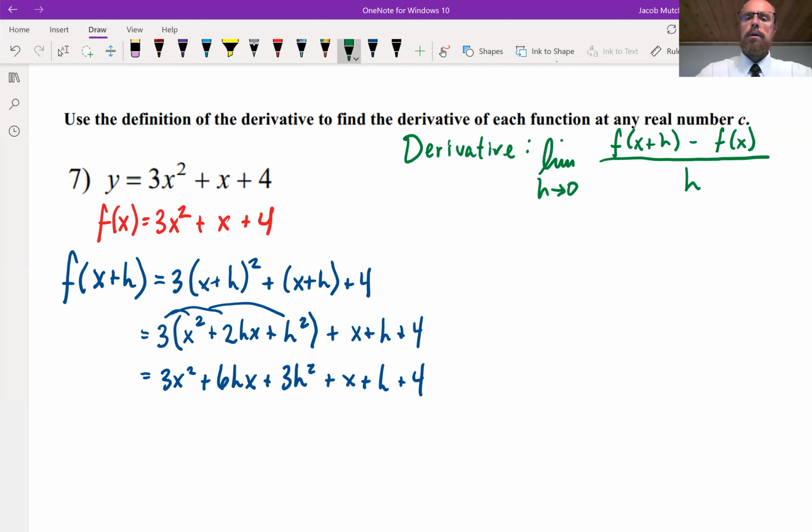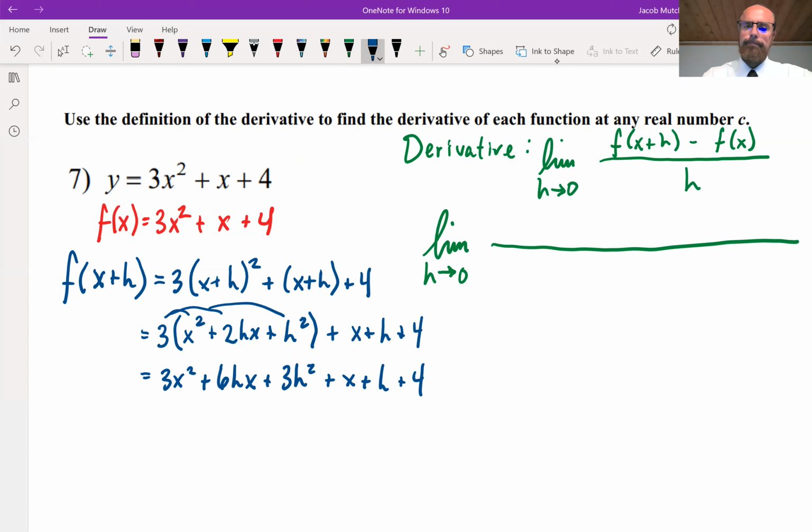Let's do so. The limit as h approaches 0 of this blue polynomial, 3x squared plus 6hx plus 3h squared plus x plus h plus 4, minus my original function in the red, so that's 3x squared plus x plus 4.